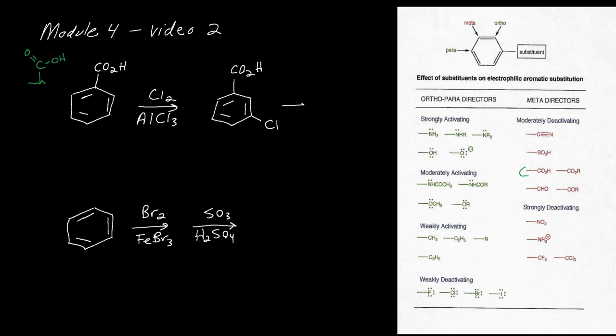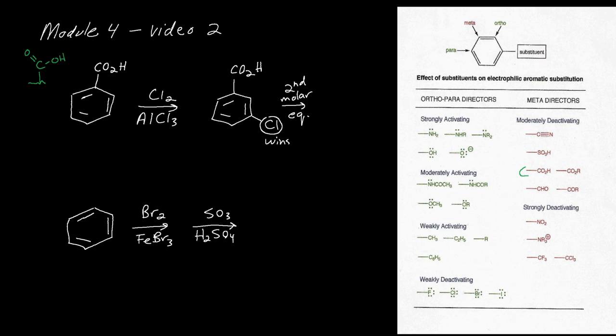If you added a second molar equivalent, hypothetically, then you would expect the chlorine, an ortho-para director, to probably take over, since those are basically less deactivating. On the chart you can see the chlorine is weakly deactivating, whereas the carboxylic acid is moderately deactivating. So in the battle between carboxylic acid and chlorine, chlorine wins.